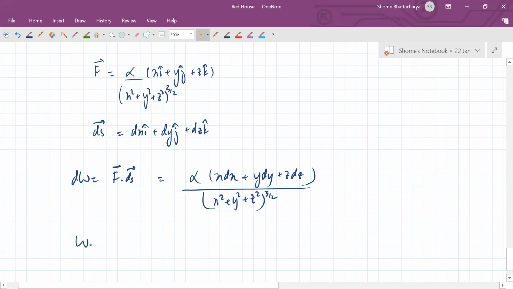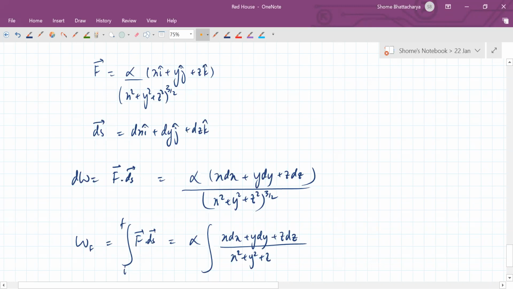So the total work done by this force in any path will be the integration of F dot ds, which will be alpha times x dx plus y dy plus z dz upon x square plus y square plus z square to the power 3 by 2, from whatever initial to final position.